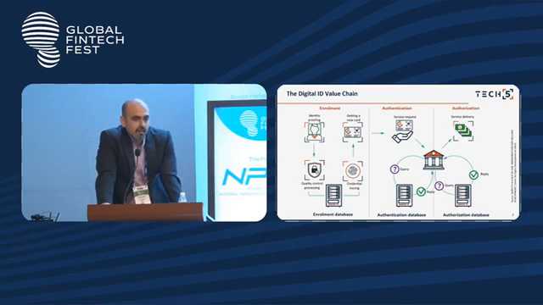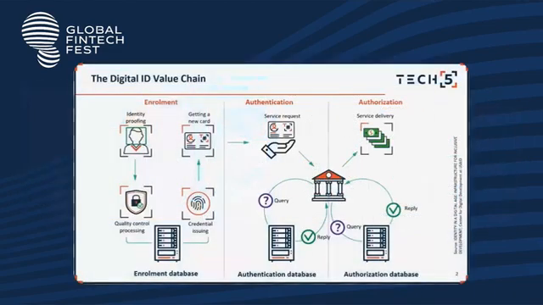That's where the authentication piece comes into the picture, where from a relying party perspective, if you go and avail a service, the relying party wants to check into their database whether the person who has come is actually a genuine person or not before authorizing the service delivery. So this is at a high level how the ID value chain is comprised.